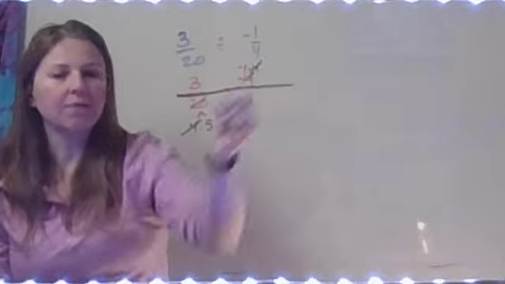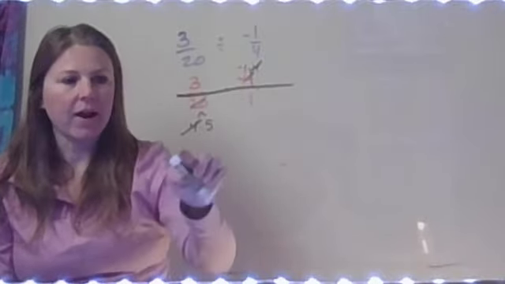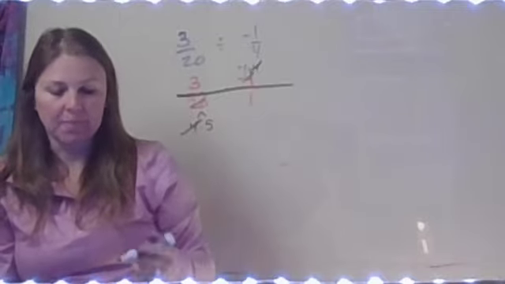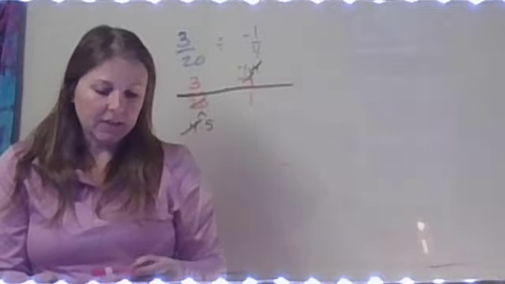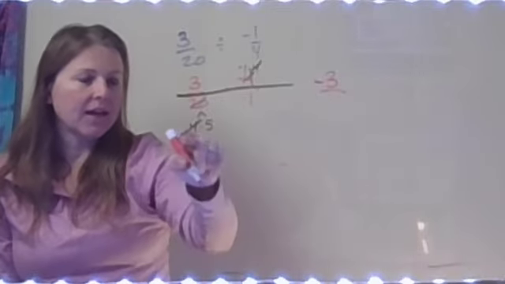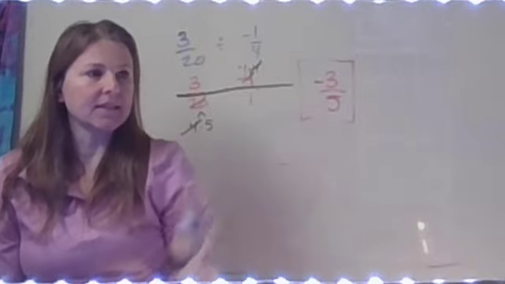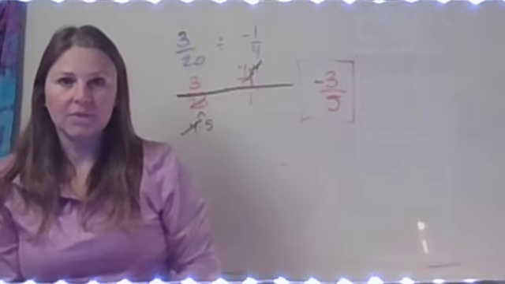And then you can see the 4 to cancel if you write out the prime factorization, or not even prime, just factors that are the same. All right, so left on top is 3 times negative 1, which is negative 3. And then left on the bottom is 5 times 1, which is 5. And this is not reducible anymore, so you're done.